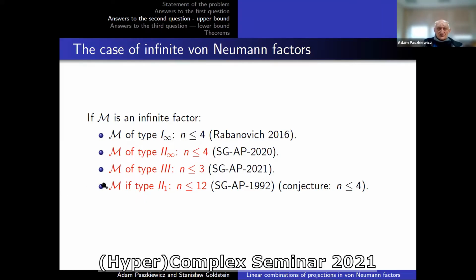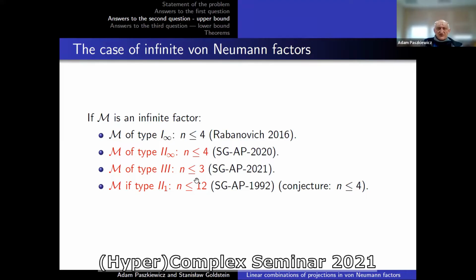It is also so if we take the very important type 3 factor, a very symmetric von Neumann factor. Then unexpectedly any self-adjoint operator can be represented as a linear combination of 3 projections.